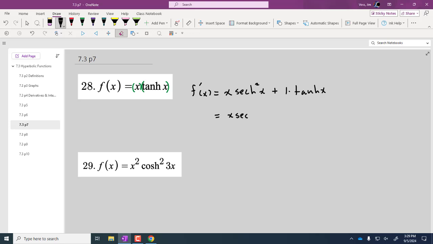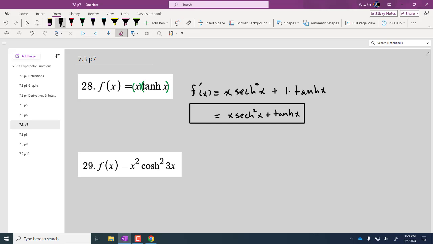So now I know that some of you have maybe learned the product rule in a slightly different way, at least with the way you say it. Some people will say first times derivative of second plus second times derivative of first, which is fine in Calc 2. It's not fine in Calc 3 though.